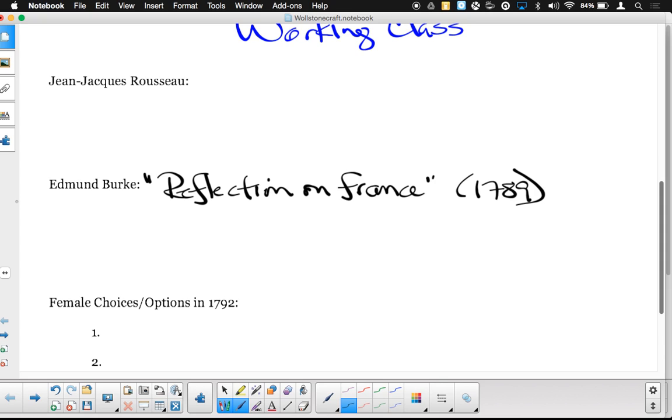And basically, Reflections on France denounces the French Revolution. French Revolution is bad. Monarchs should remain in power. You have divinity from above to be in power. The common man cannot revolt against it. It will throw the whole system off.